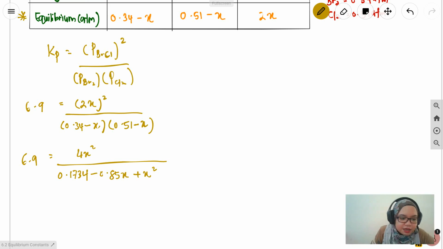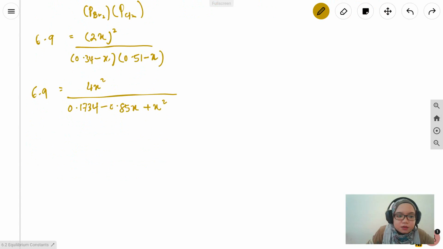So you will get 1.196 minus 5.865x plus 6.9x squared equals to 4x squared. So this one put here, pindahkan ke sini, to equals to 0.